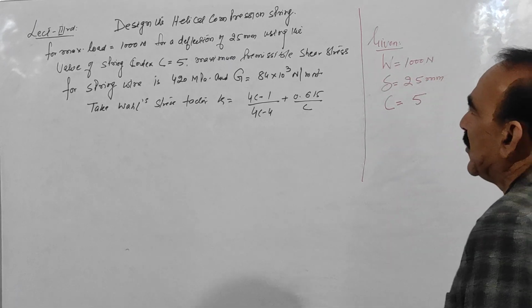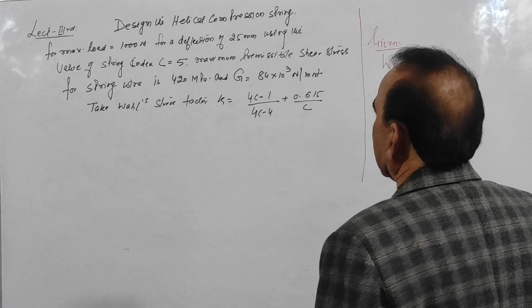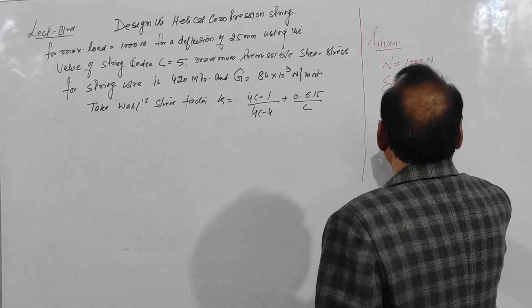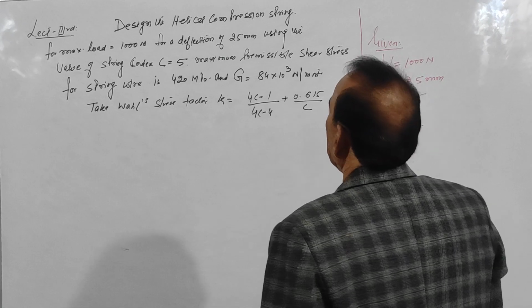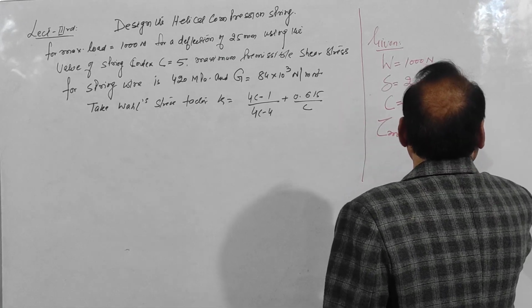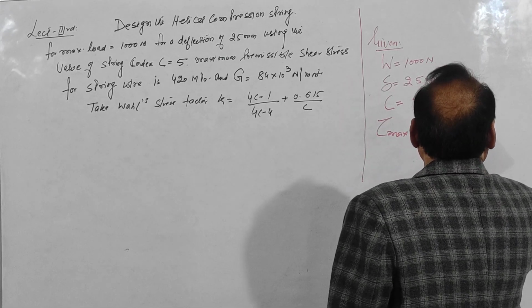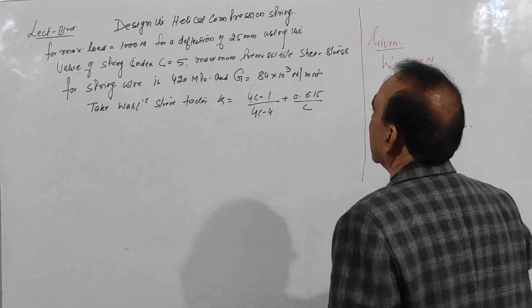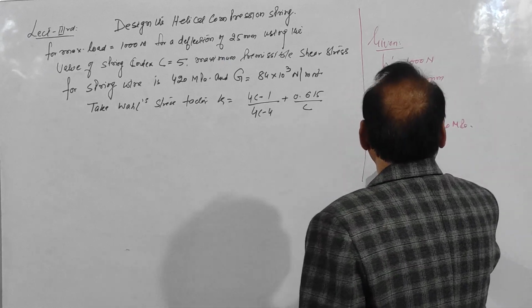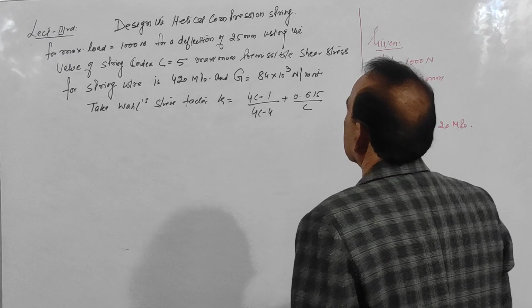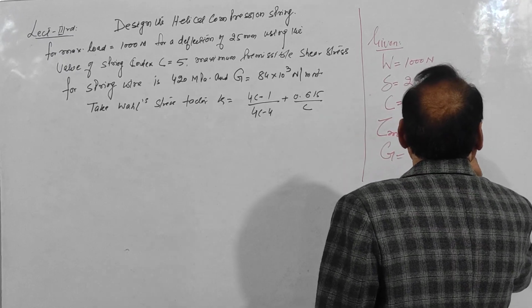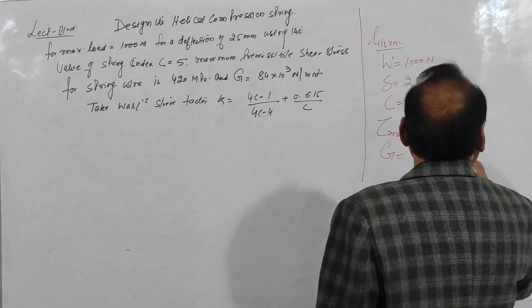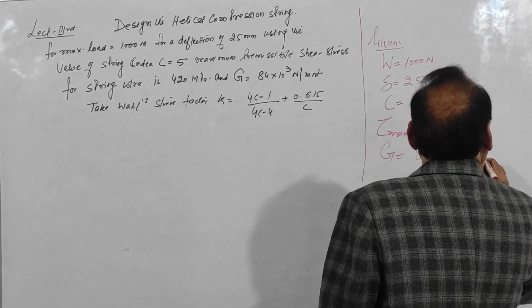Maximum permissible shear stress for spring wire, so tau max, is given as 420 MPa, and the modulus of rigidity is given 84 into 10⁻³ Newton per mm square.